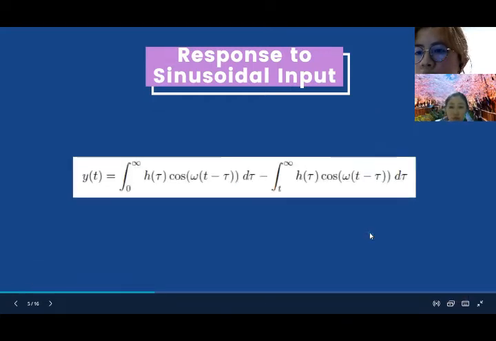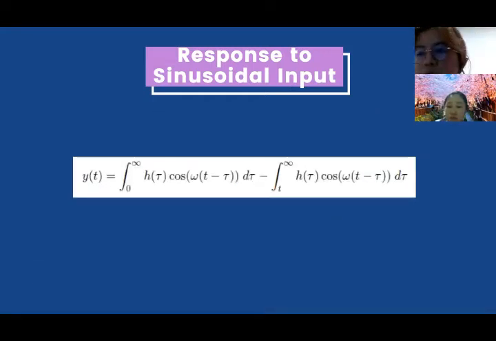Then we can put it into an equation like this. The first term is called the sinusoidal steady state response. Meanwhile, the second term, if it decays with t, then the system is stable. If it decays, we can also call it a transient.